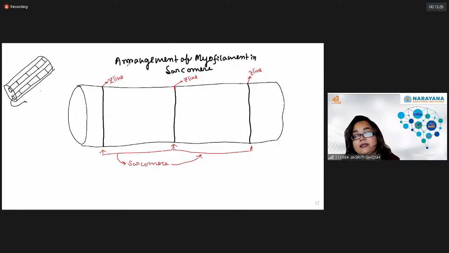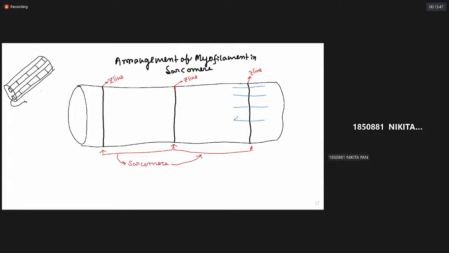So, yesterday we had discussed that on a Z line, a special type of filaments are attached. These filaments are called? Nikita? Thin filament, actin. Thin filament.